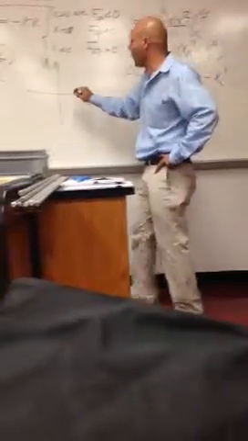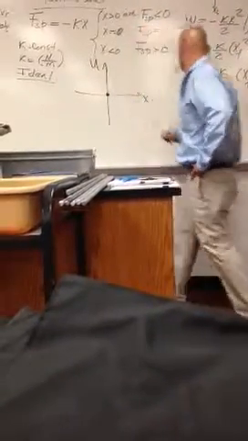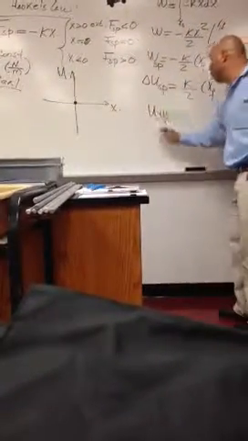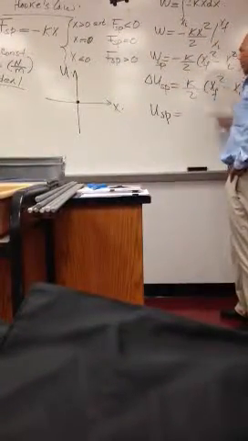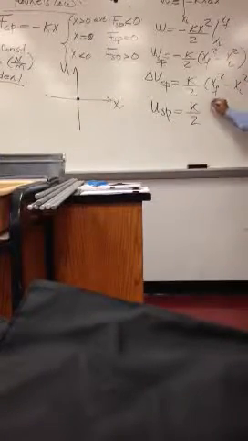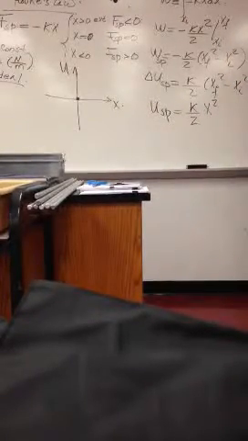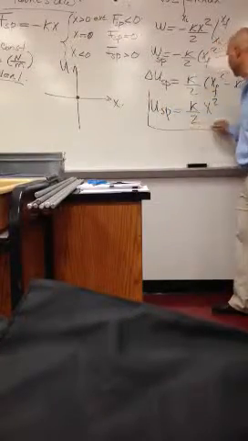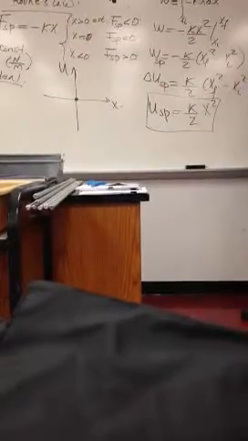So at the point of equilibrium it will be 0. So it means that U with respect to 0 will be k over 2 what? X squared. This is just the definition of potential energy of the spring.